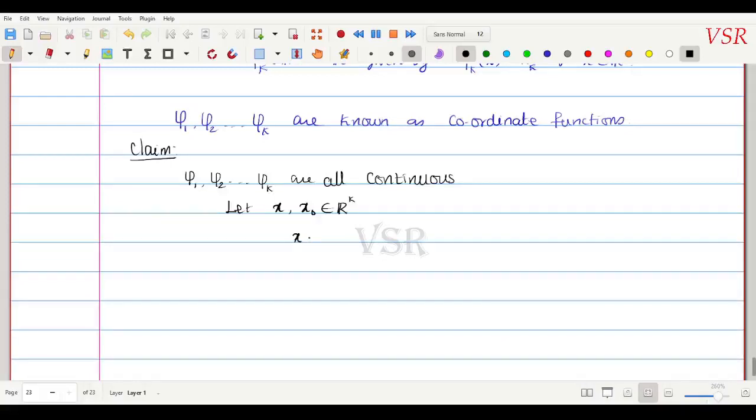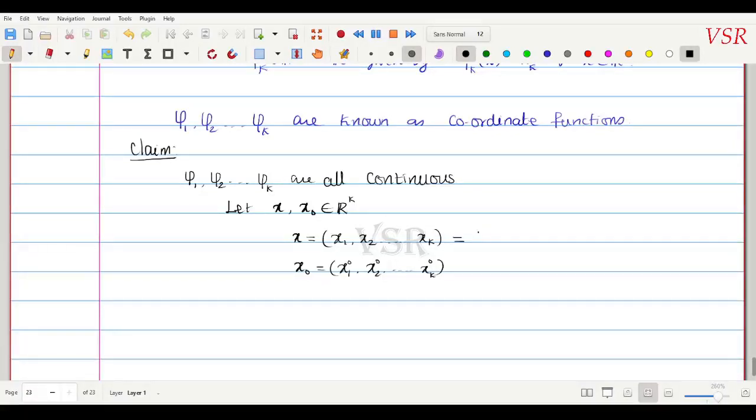X can be expressed as x1, x2, ..., xk, and this x naught வந்து எப்படி எழுதுறேன் அப்படின்னா this is equal to x1 மேல 0 போட்டுக்கிறேன். Okay, x2 மேல 0, ..., xk மேல 0. And note that இது எப்படி எழுதலாம் அப்படின்னா the x1 வந்து இப்படி எழுதலாம்.